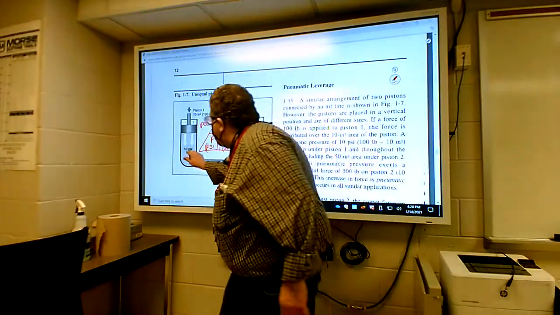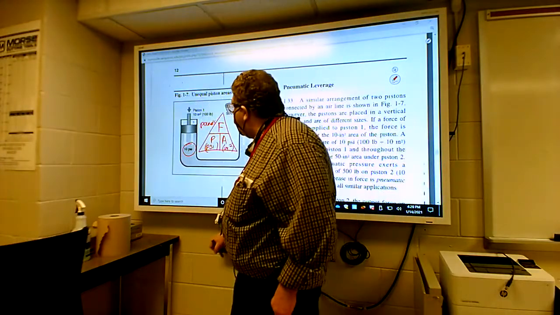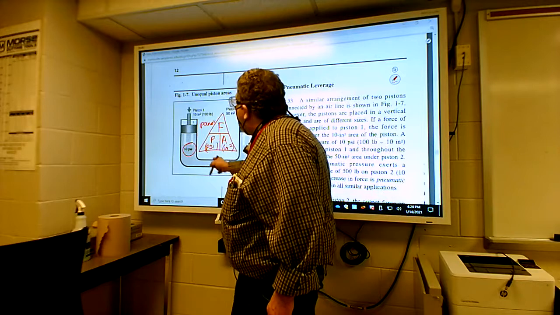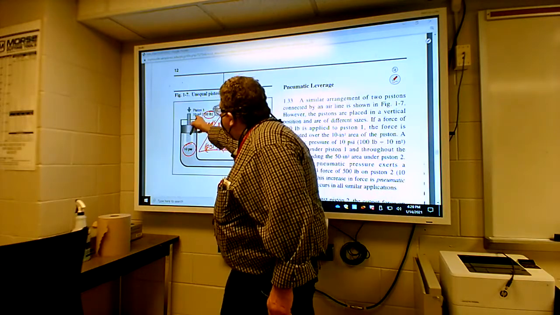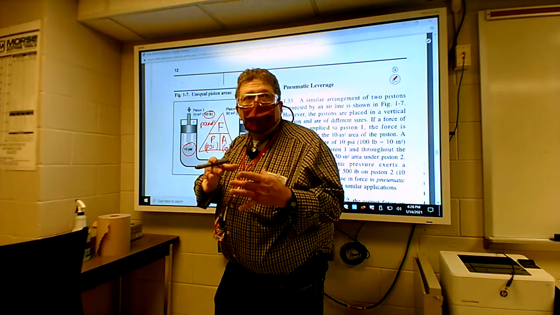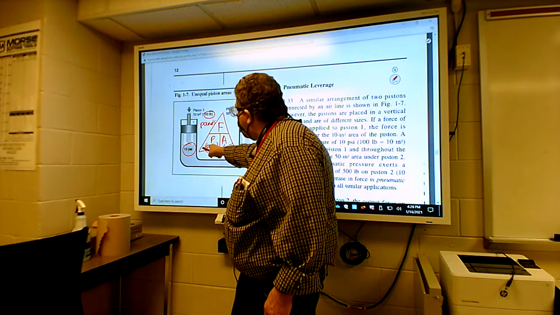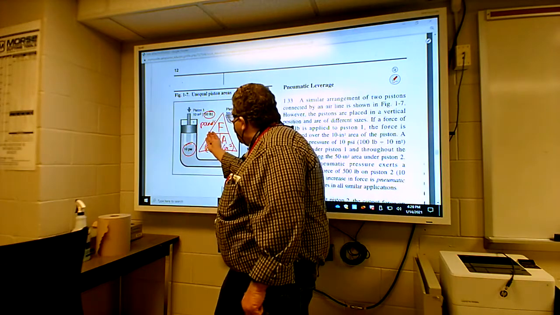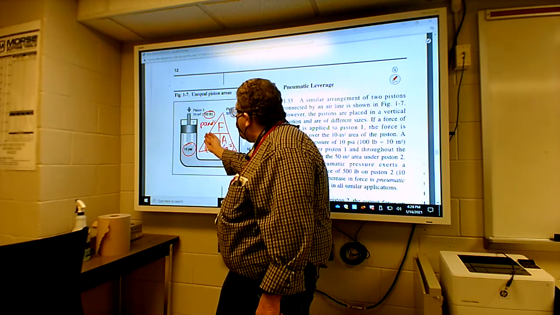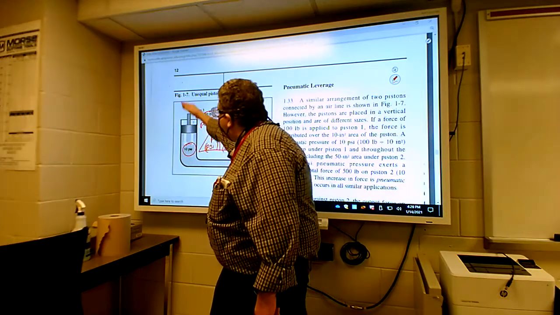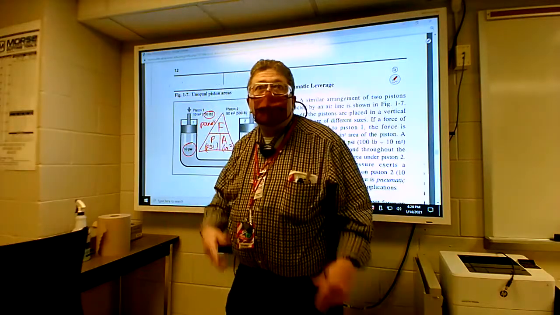So if we're going to solve for this and figure out how they got the internal pressure in there in this stage here, we know that we have 100 pounds, which would be F, and we have 10 square inches on the piston. Okay, so how do we calculate the PSI? We divide the pounds by the area, right? So it's 100 pounds of dead weight divided by 10 square inches, which equals what?